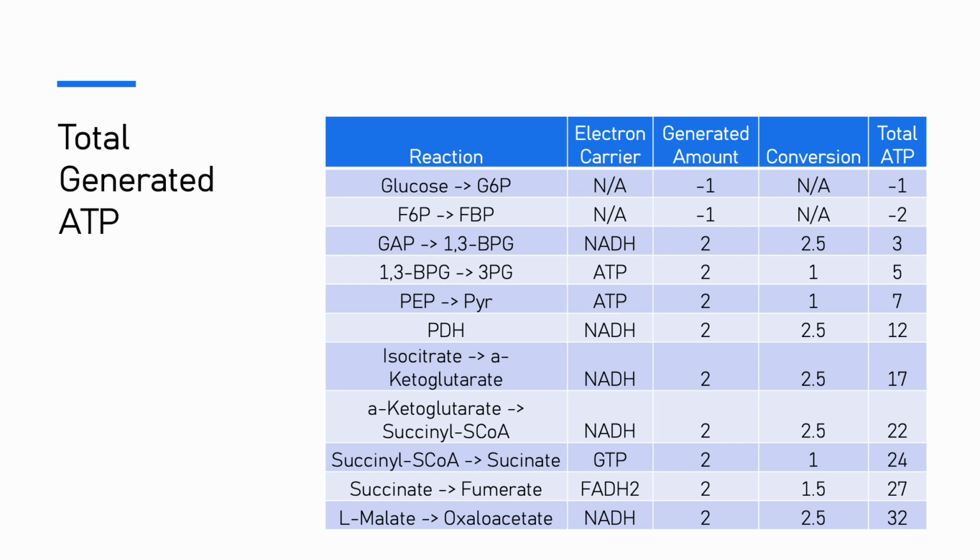And as you can see, there are different conversion factors. For example, NADH generates about 2.5 ATP, while FADH2 converts into about 1.5 ATP.